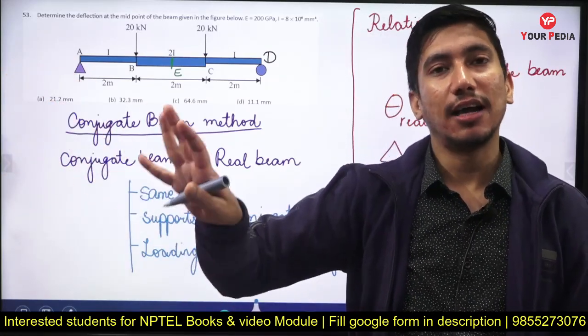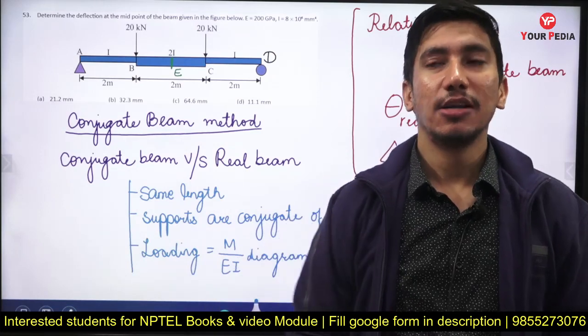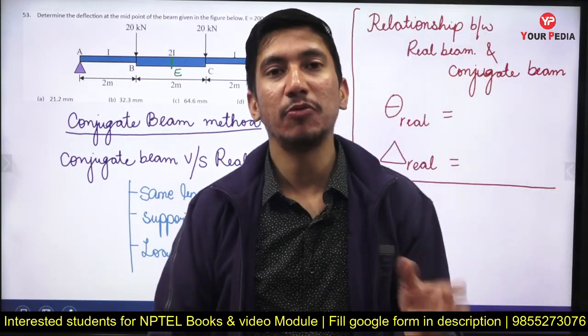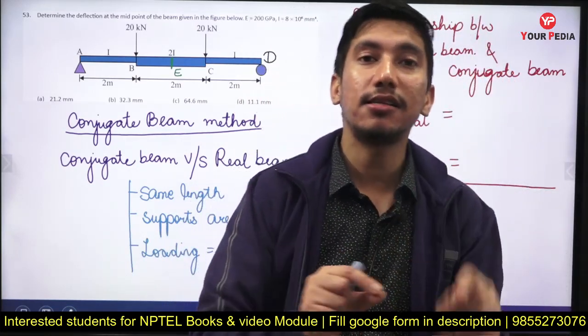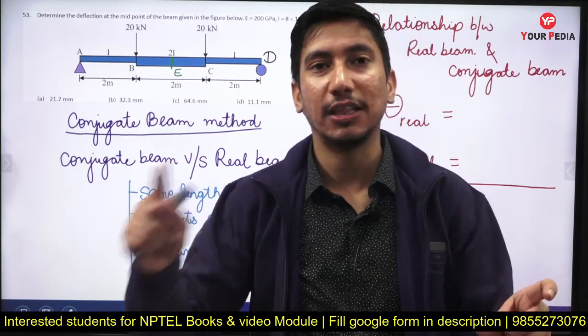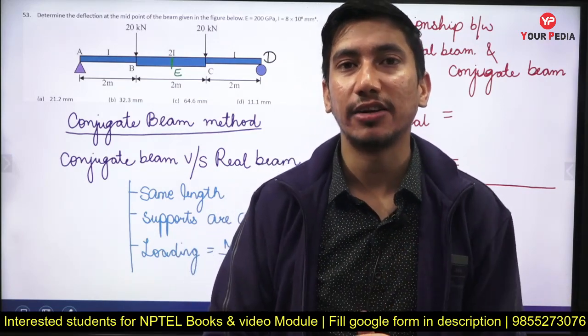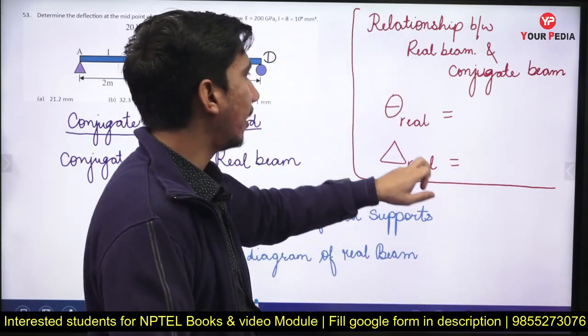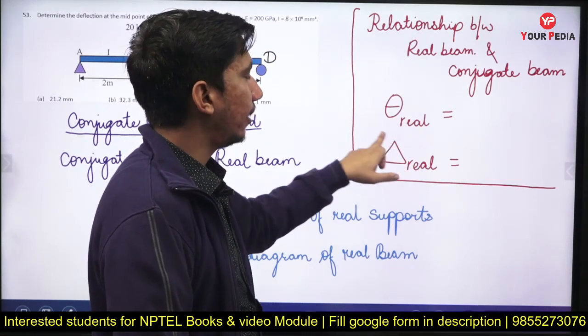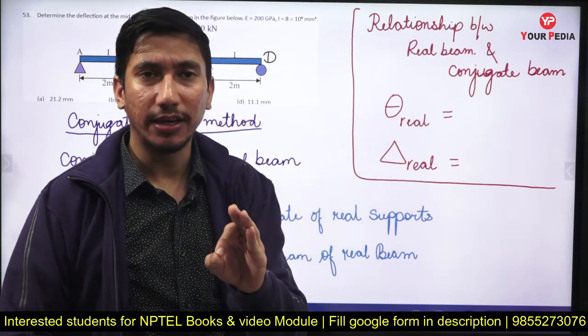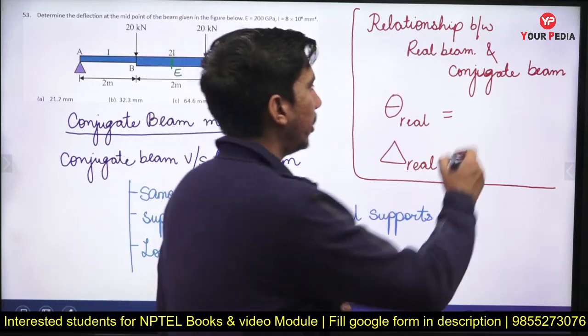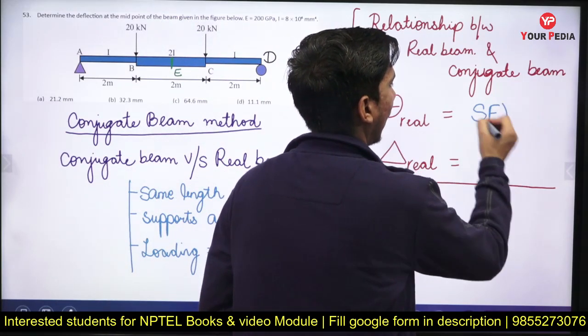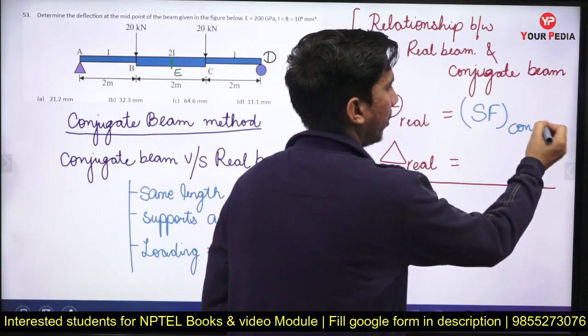Now after this, our conjugate beam is complete. So why have we made this conjugate beam? What is the advantage? Because there exists a relationship between the real beam and the conjugate beam. Now what is that relationship? If I want to find the slope at any point in the real beam, that will be equal to the shear force at that particular point in the conjugate beam.